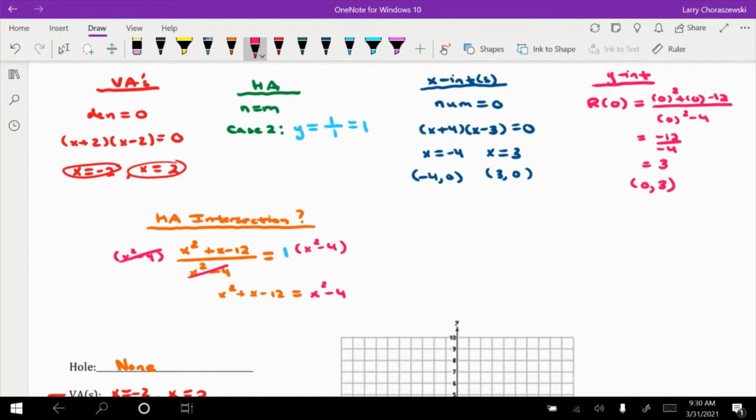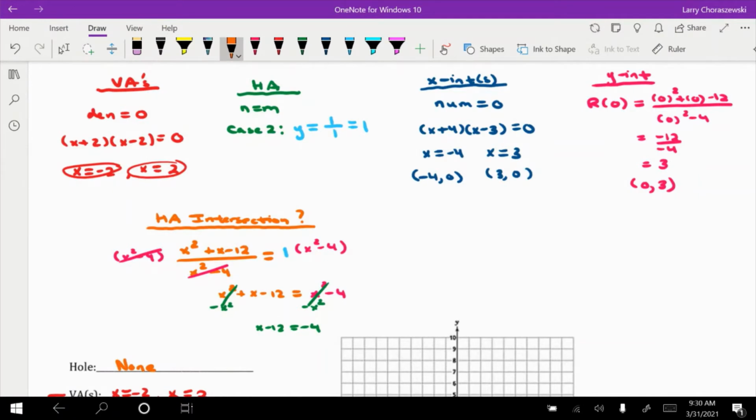What do you notice that's going to happen with the x squared terms? They're going to cancel. Yep. So if we subtract x squared from each side, they cancel, and we're left with x minus 12 equals negative 4.